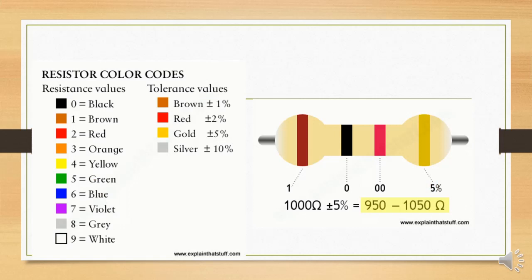So actually the resistors have a particular value. The value of the resistor is understood from the color coding on the resistors. So how to read a resistor value? This is on the left hand side. You can see it's a color coding.